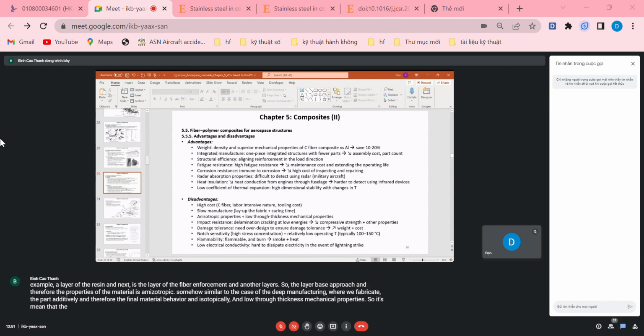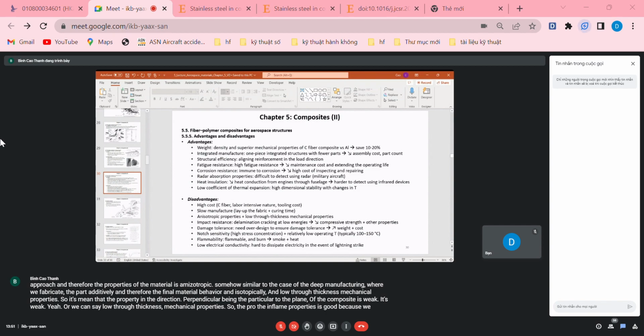And low through-thickness mechanical properties. It means that the property in the direction perpendicular to the plane of the composite is weak. Or we can say low through-thickness mechanical properties.